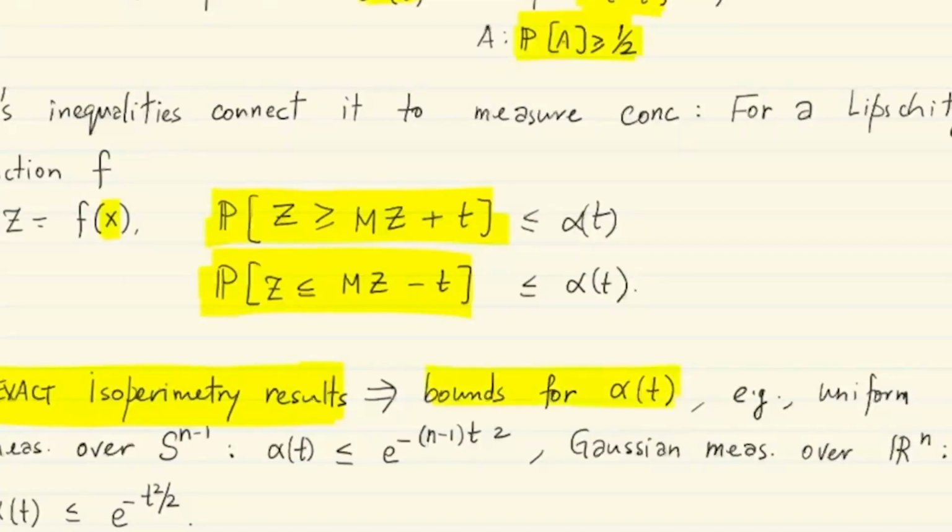So for example, for the uniform measure or probability distribution over the surface of the unit sphere S^(n-1), we saw that you could get a bound of alpha of t less than or equal to e^(-(n-1)t^2/2). And likewise for Gaussian measure in n dimensions, we saw that alpha of t was upper bounded by e^(-t^2/2).